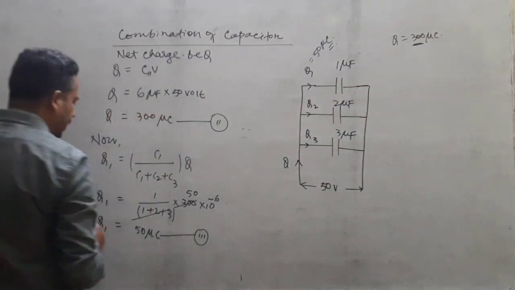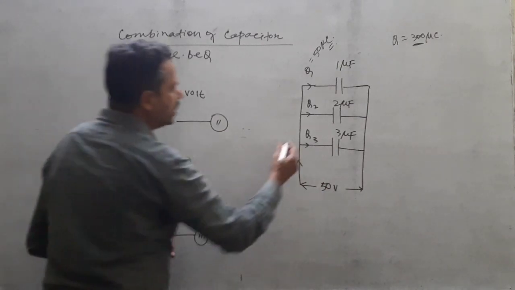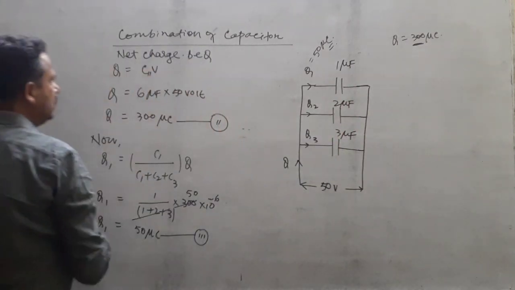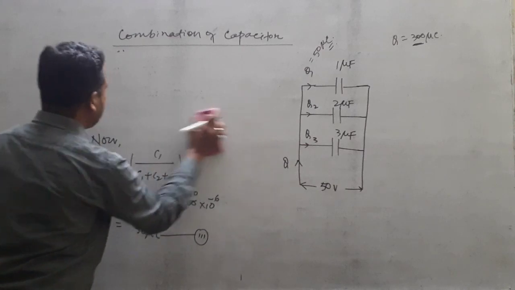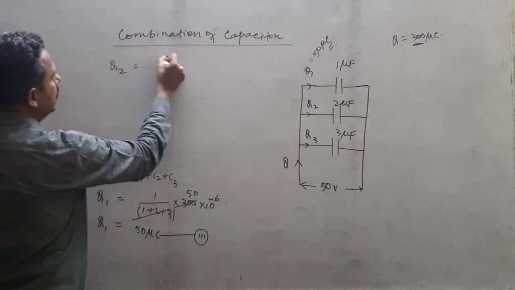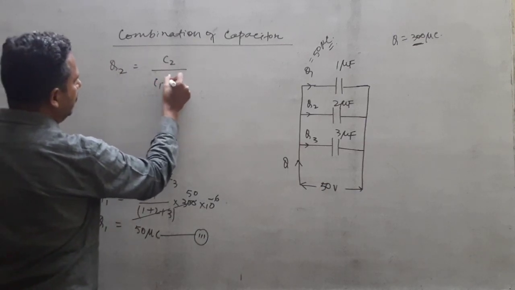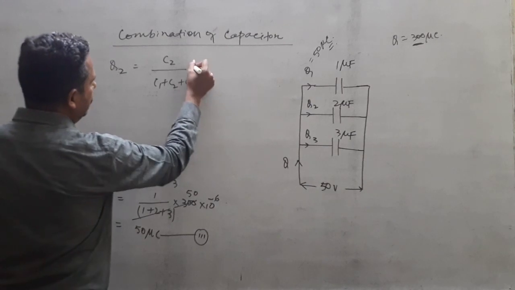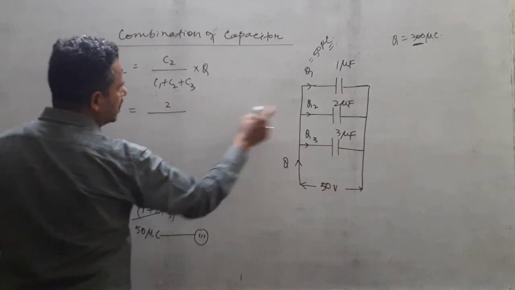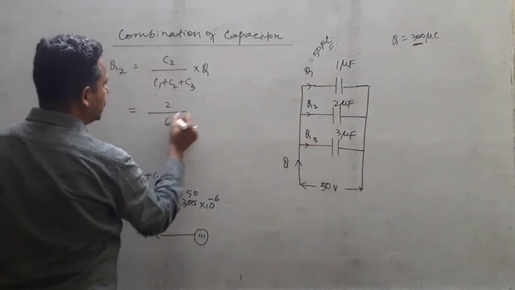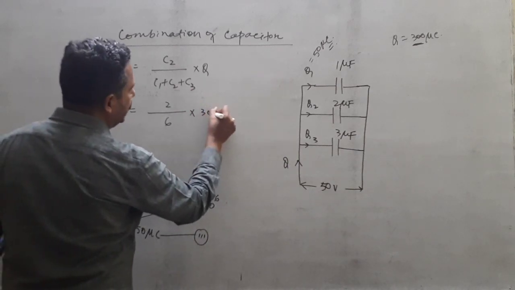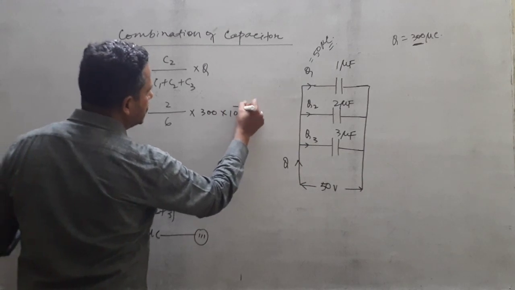Then you find out Q2, how much charge goes through this capacitor. Q2 will be C2 divided by C1 plus C2 plus C3, multiplied by the net charge. C2 is 2, and the sum of all three capacitors is 6, multiplied by the net charge, which is 300 times 10 to the power minus 6 coulomb.